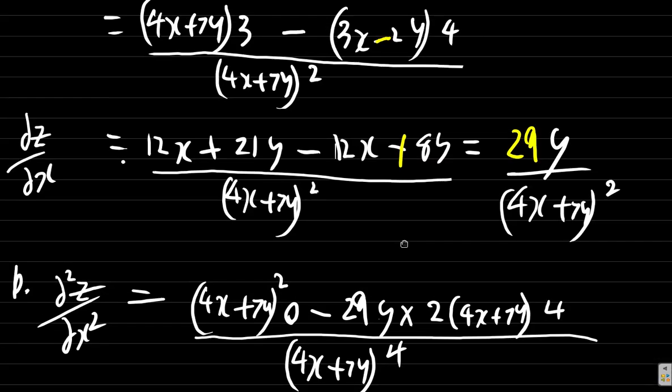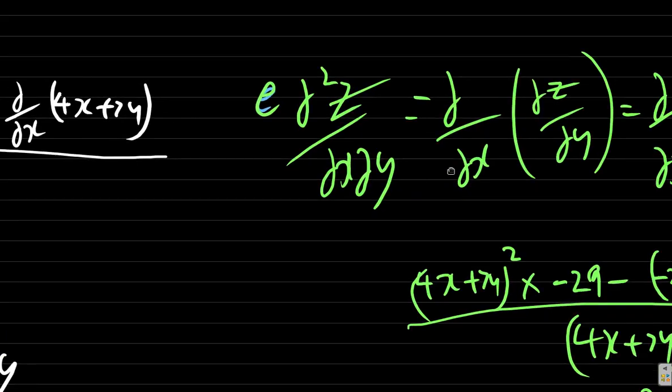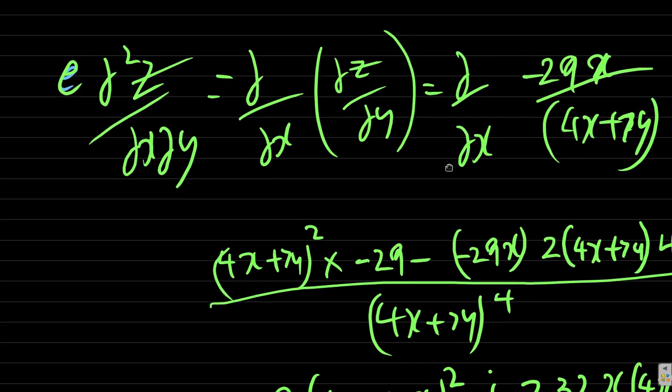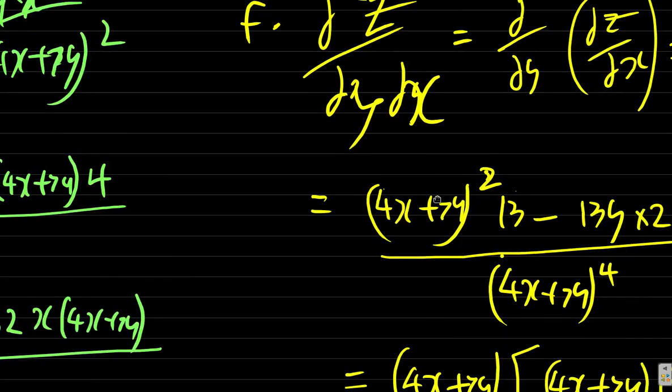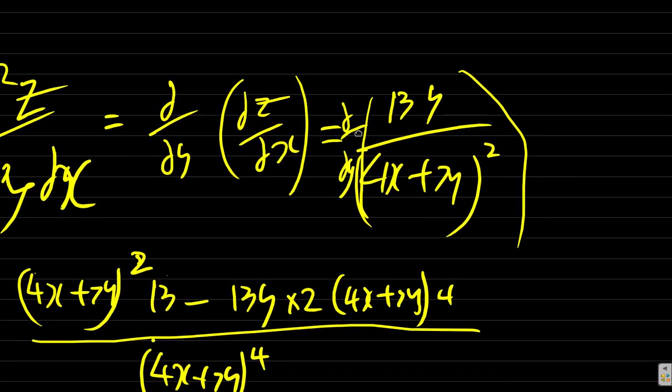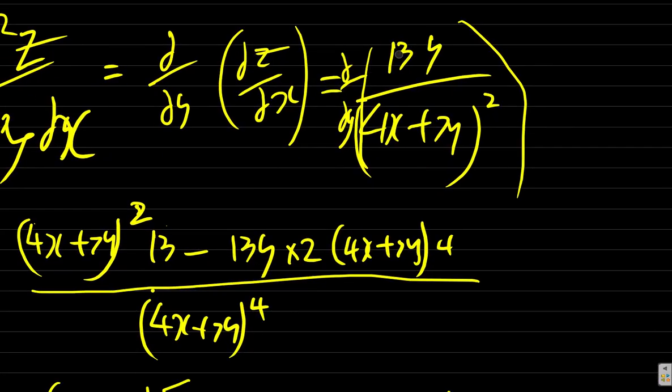Now, if we have delta z by delta x, this should have been 29 instead of 13. So we have to redo this part. When you differentiate this with respect to y, this 13 would be 29.